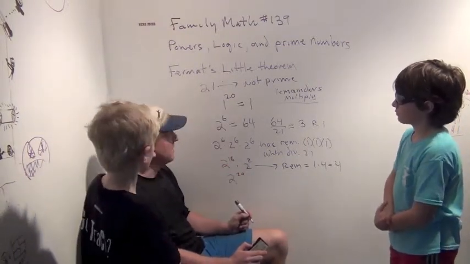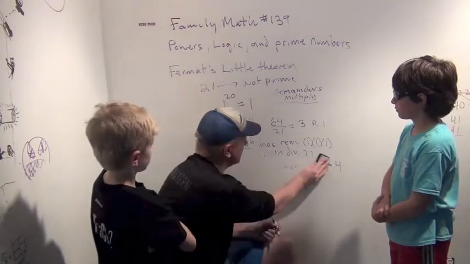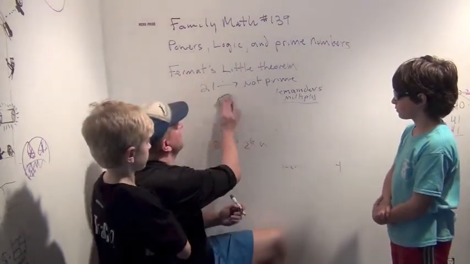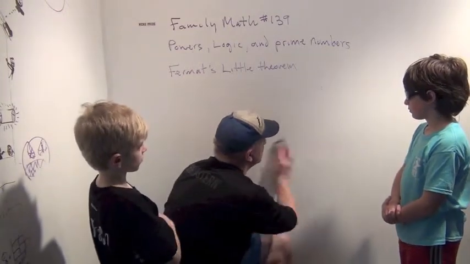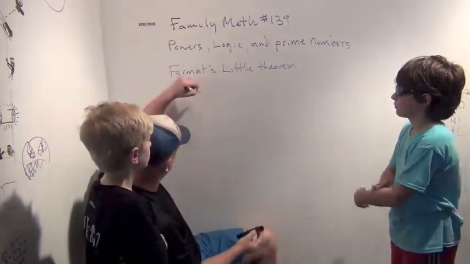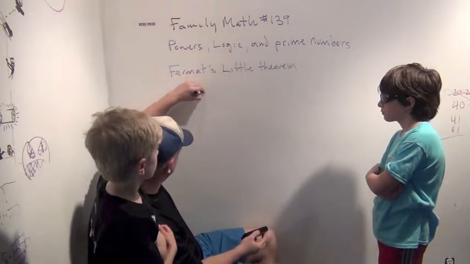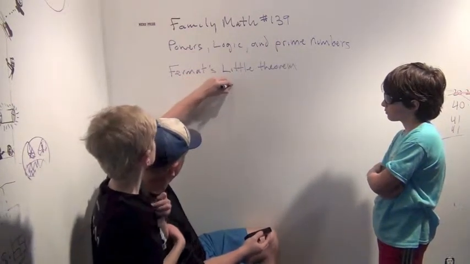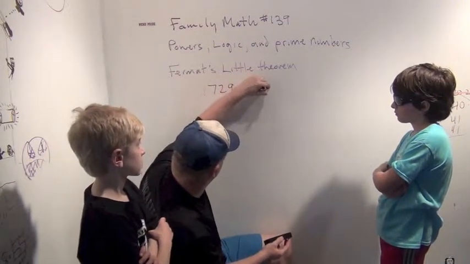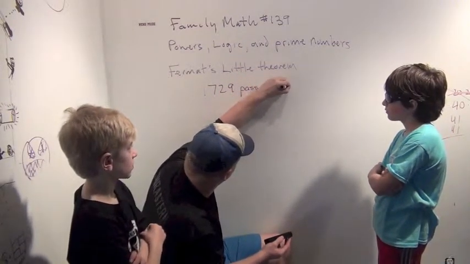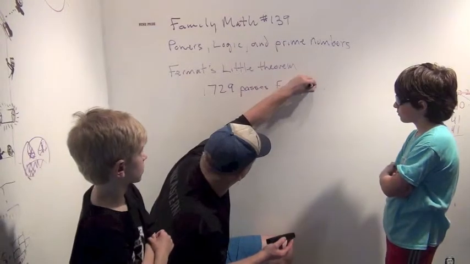Pretty neat, right? And then some other people figured out there were some numbers that pass Fermat's little theorem that are not prime. I'm going to show you one. 1729, for example, passes Fermat's little theorem.